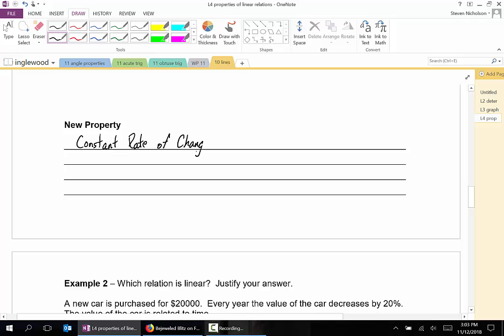And we're going to talk about this a bit as we go through the next few lessons. And here's all the constant rate of change property is. It's the pattern. Now this is exactly what it is, and this is exactly how you have to think about it.